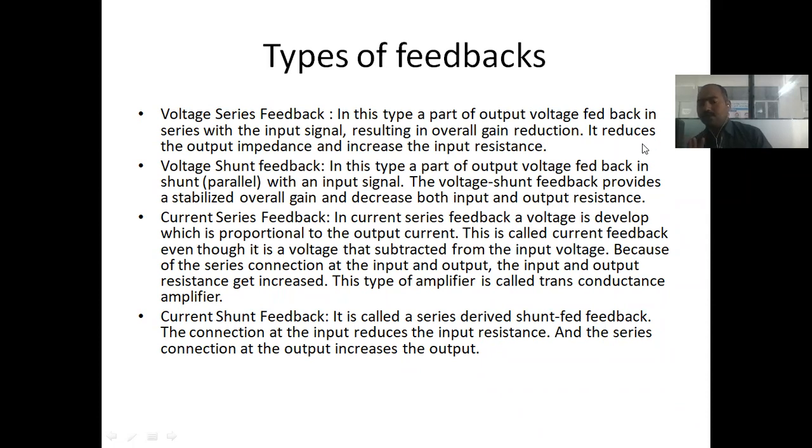In current series feedback, we actually apply the voltage, not the current, and in proportion to that a particular current is generated, right? So in case of your input, it is basically voltage, right?